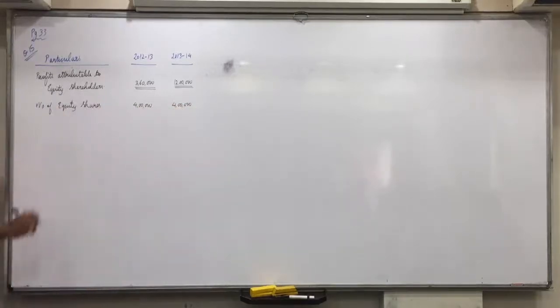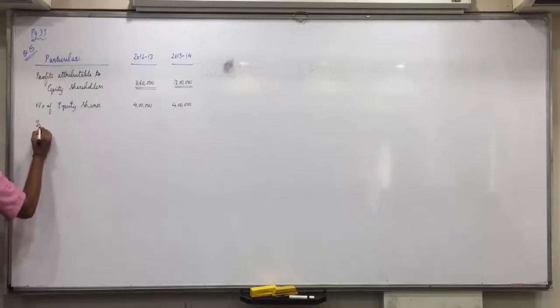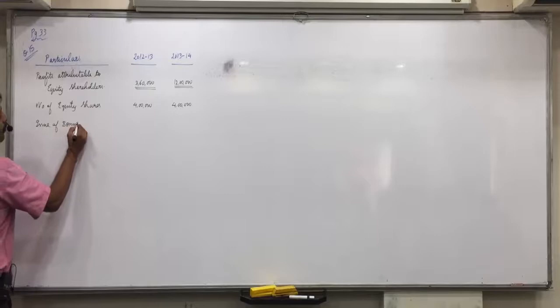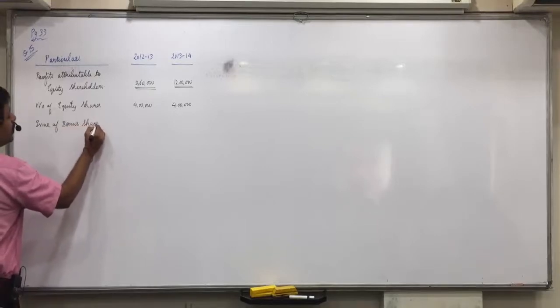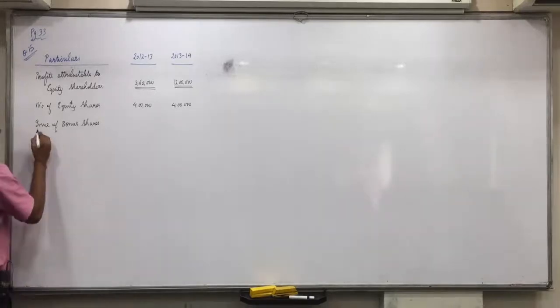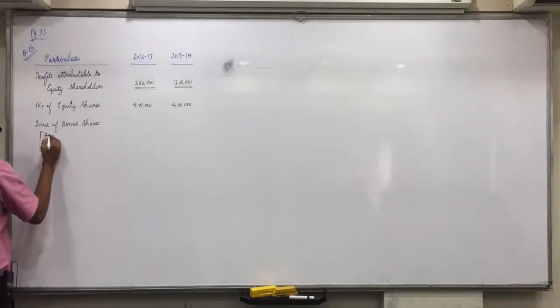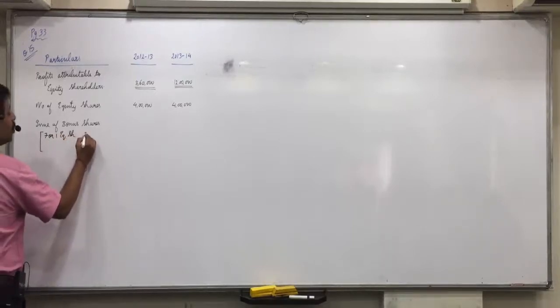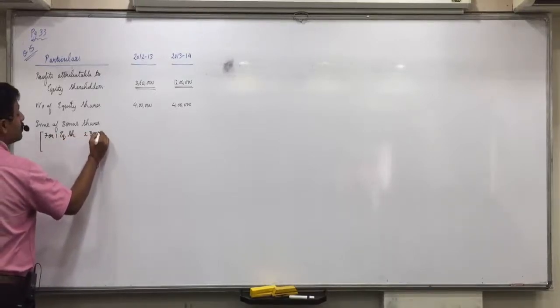Plus in 13 to 14 there is issue of bonus shares also. What is the ratio of bonus issue? 2:1 means for one equity share, 2 are given in bonus.